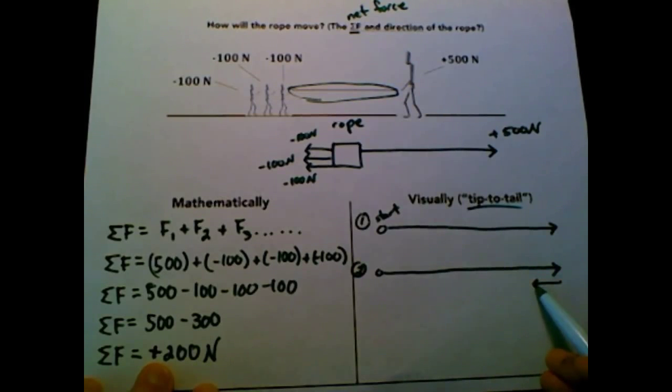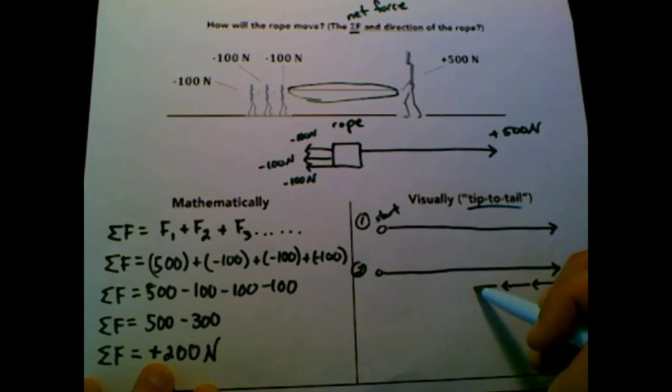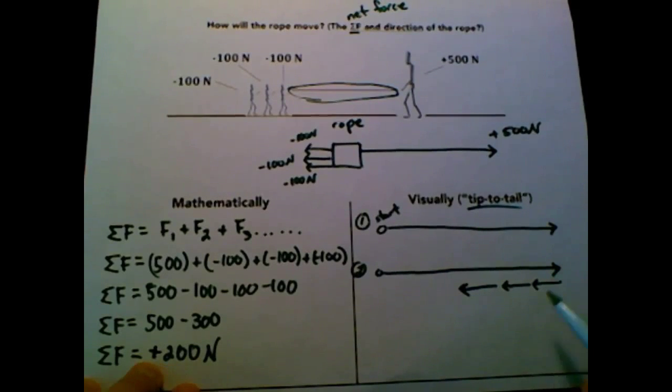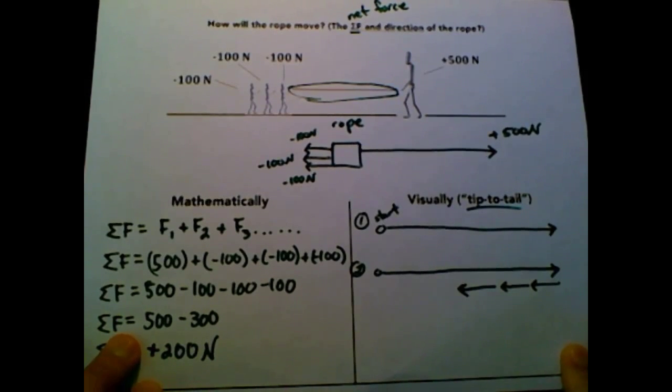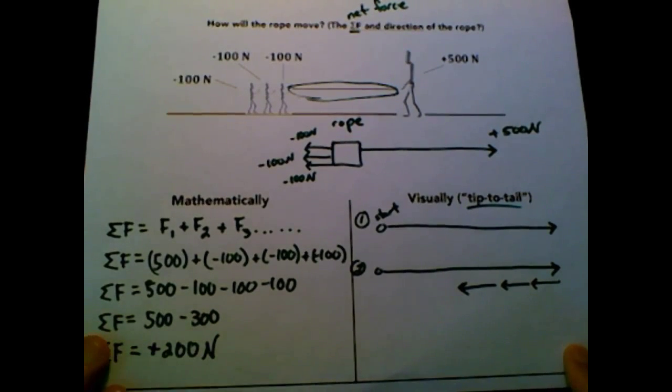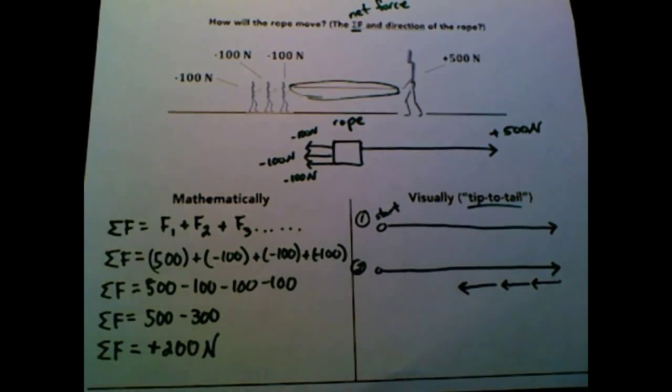I start at the tip of my last arrow and start the tail of my next. Since I have three 100 vectors, it might look like this. Sometimes you could use a ruler. Keep in mind my arrows don't look perfect; right now we're just eyeballing it. But sometimes you will use a ruler to get a more accurate representation.